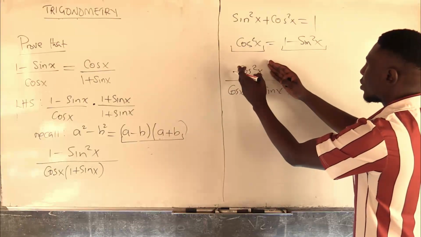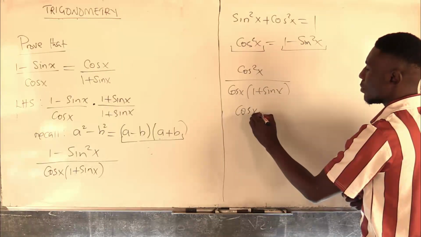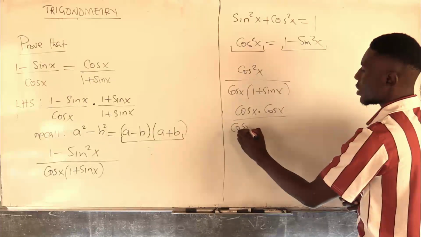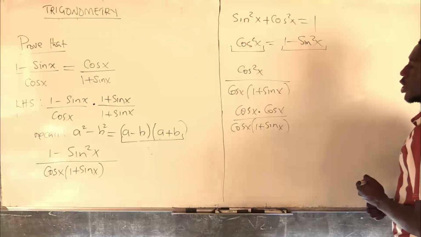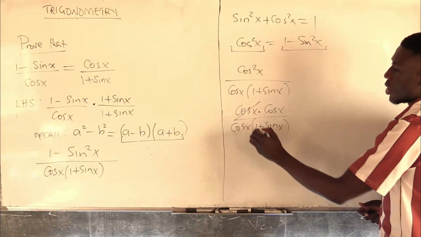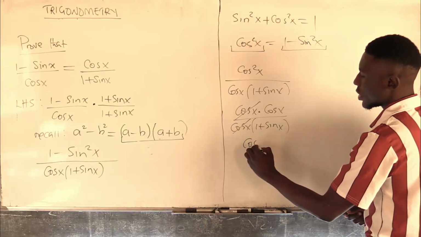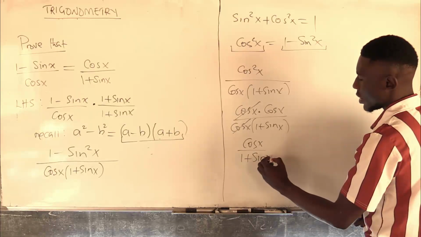Now, cos squared of x is the same as saying cos x multiplied by cos x over cos x times (1 plus sin x), like this. So, cos x will go. We are now left with cos x over (1 plus sin x).